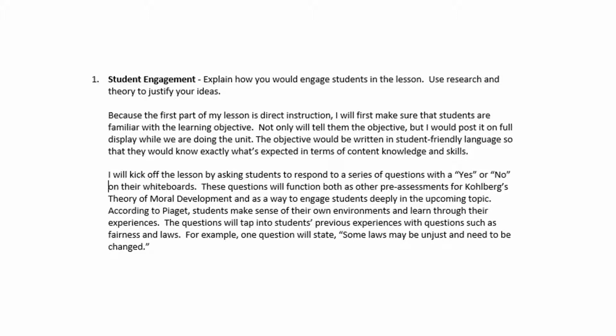The objective will be written in student-friendly language so that they would know exactly what's expected in terms of content, knowledge, and skills. I will kick off the lesson by asking students to respond to a series of questions with a yes/no on their whiteboards. These questions will function both as other pre-assessments for Kohlberg's theory of moral development and as a way to engage students deeply in the upcoming topic.